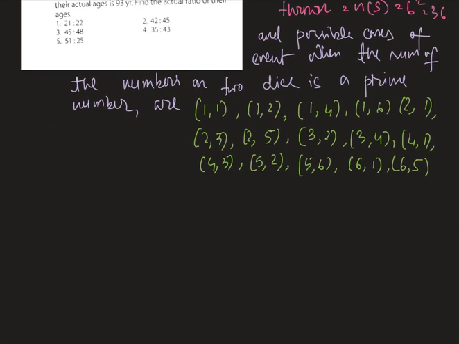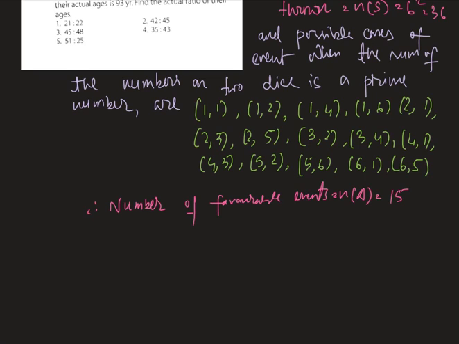Therefore the number of favorable events is equal to n(A), which is nothing but 15.